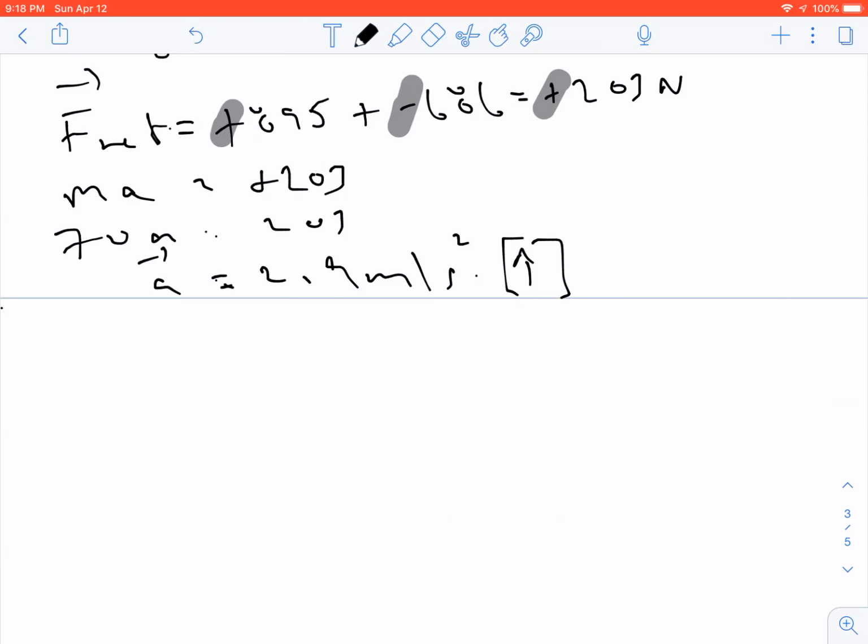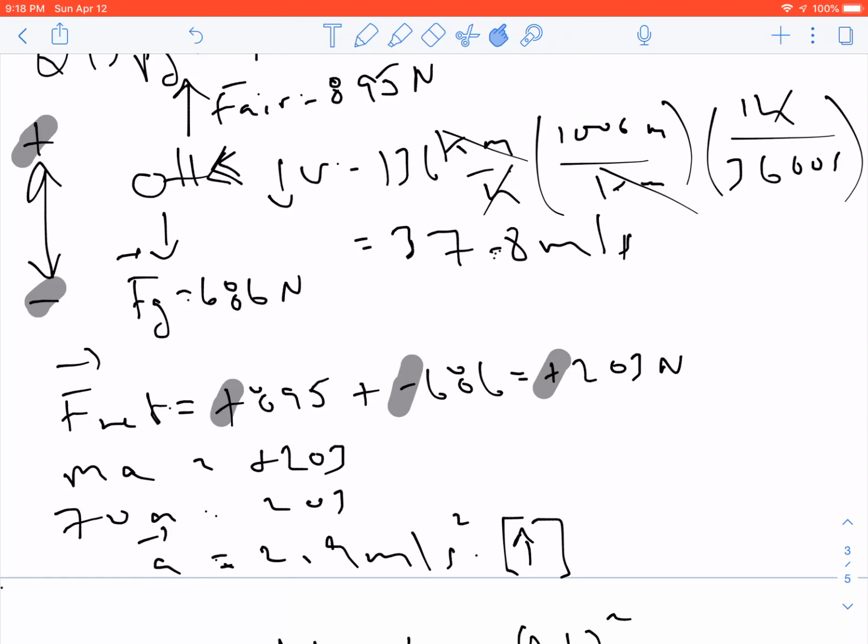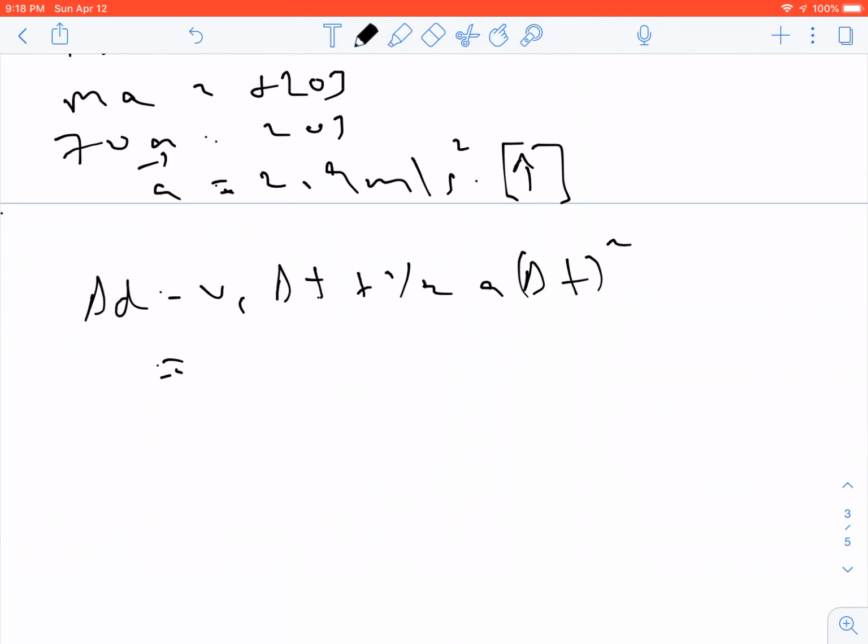And then it says, how far will she travel during that time? Well, if I do delta D equals V1 delta T plus 1/2 A delta T squared, I can find her displacement because I know her initial velocity was 37.8 meters per second, down, which is negative 37.8 meters per second. So V1 is negative 37.8.